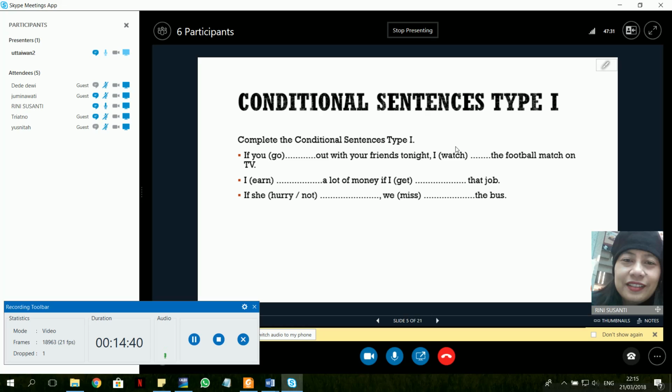Okay, sure. Okay, good, perfect. So if you go out with your friends tonight, I will watch the football match on TV. That's good because this is conditional sentence type 1, we use present tense.